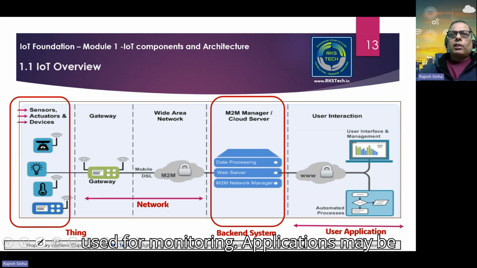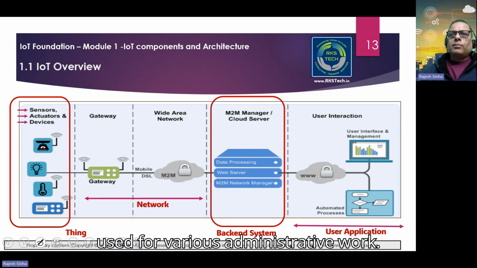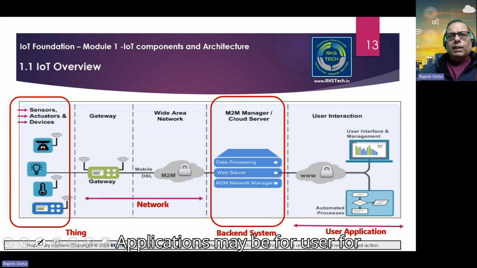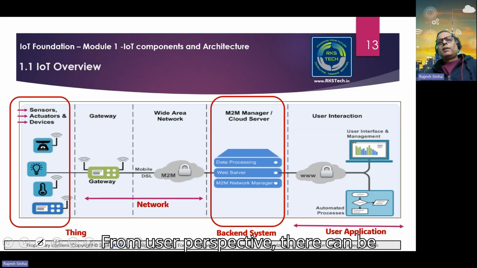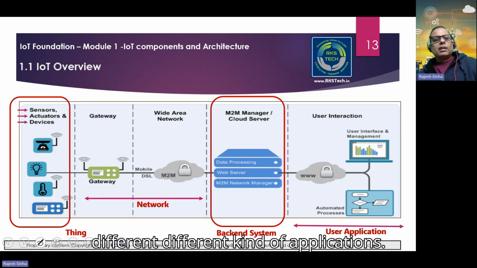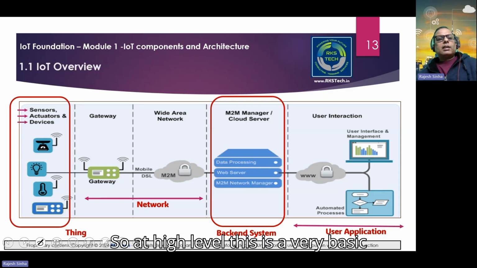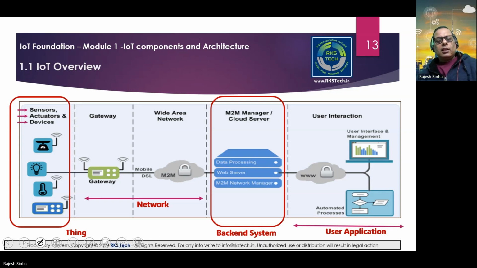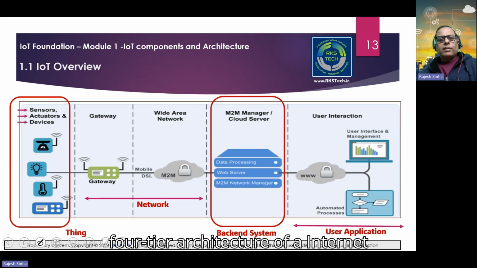Applications may be used for monitoring, for various administrative work, or for user configuration and management. So at high level, this is a very basic 4-tier architecture of an Internet of Things ecosystem.